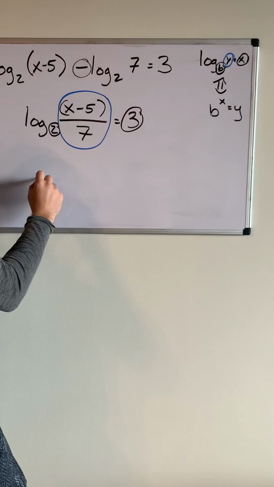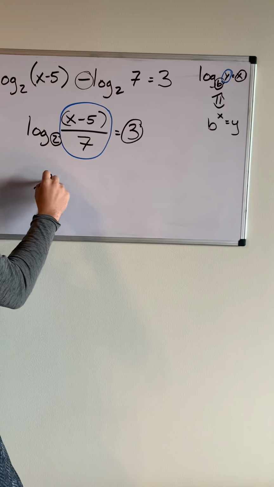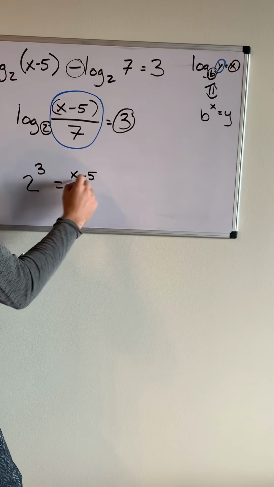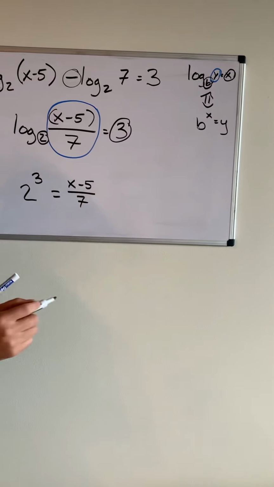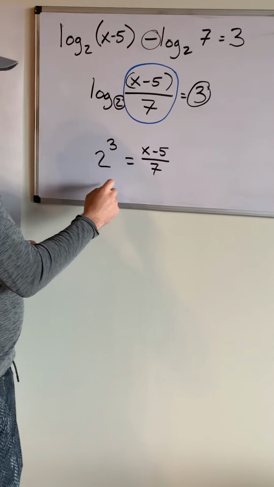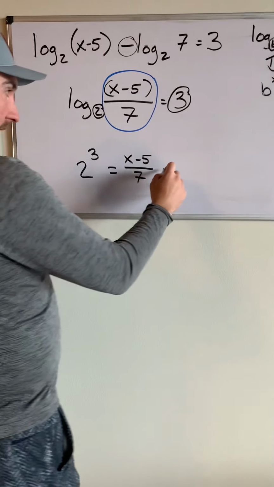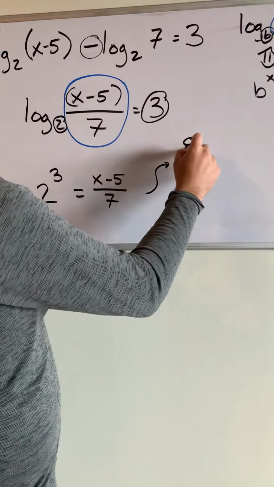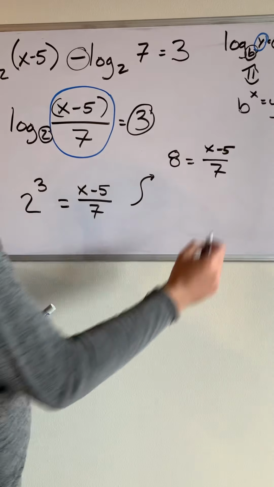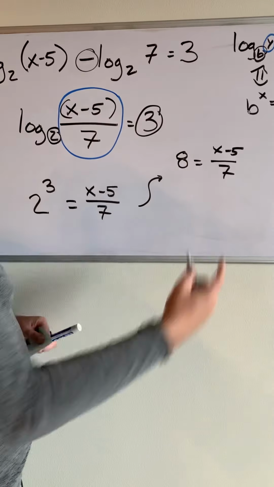So I'm gonna get 2 cubed equals x minus 5 all over 7. We can solve this. 2 cubed is just 8. So I'm actually going to rewrite this as 8 equals x minus 5 all over 7. Well, I'm dividing by 7.